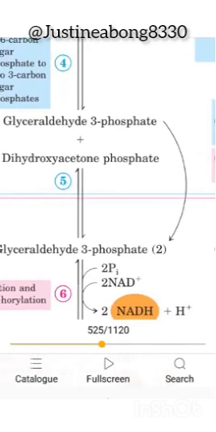If glycerol kinase is not there to convert glycerol to glycerol 3-phosphate, it will be converted back to this dihydroxyacetone phosphate.